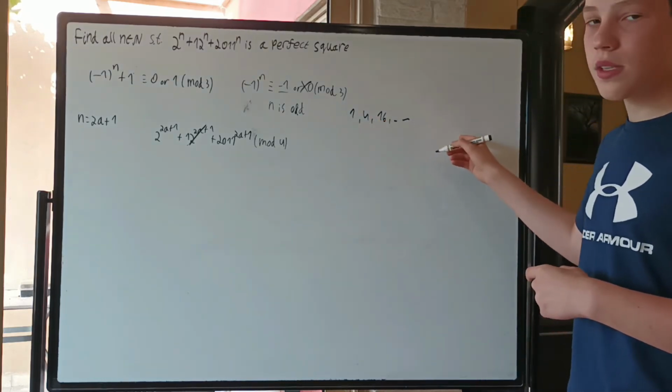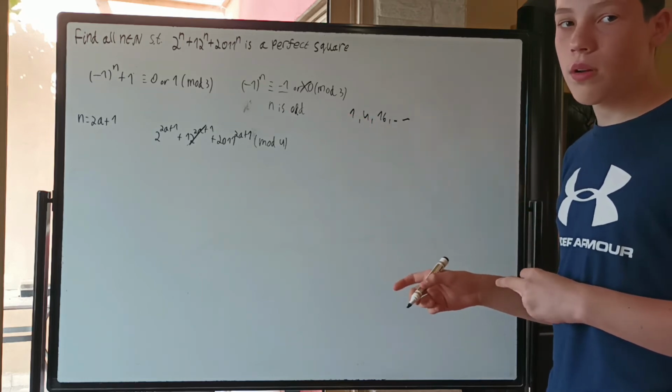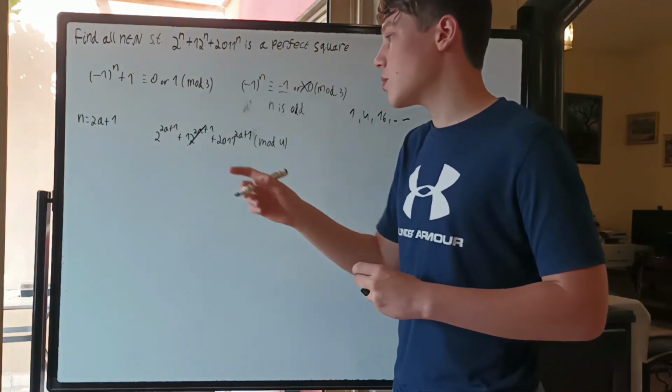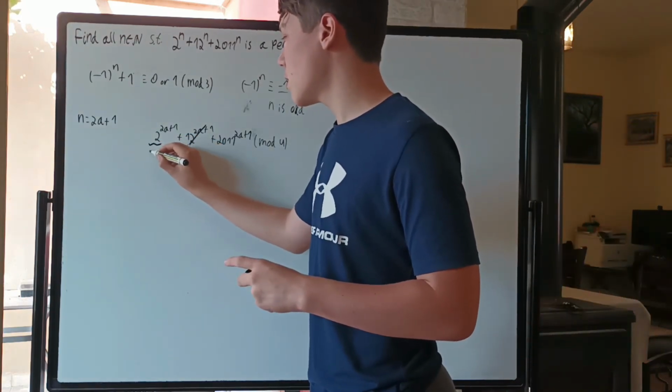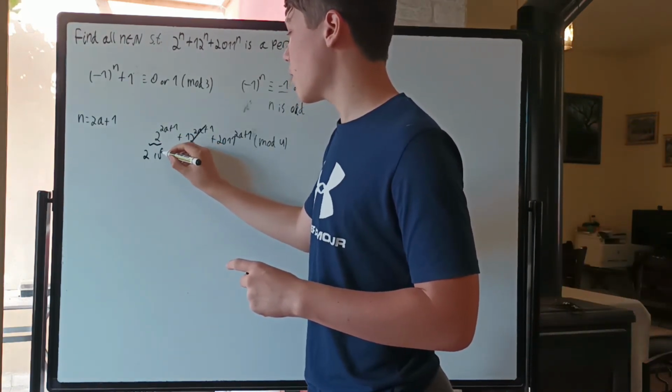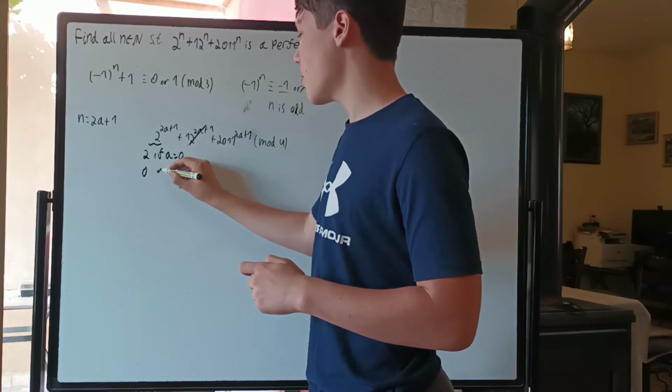So all of these are divisible by 4, so they're 0 mod 4, but this will be 1 mod 4. Times 2, because it's 2 to the 2a plus 1, this will be 2 if a is equal to 0, and 0 else.